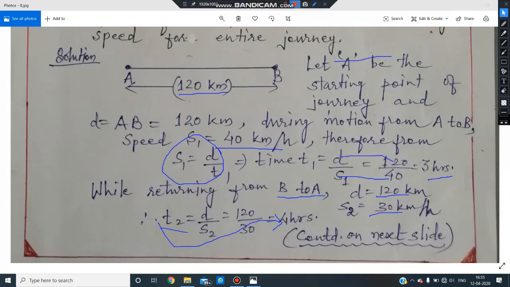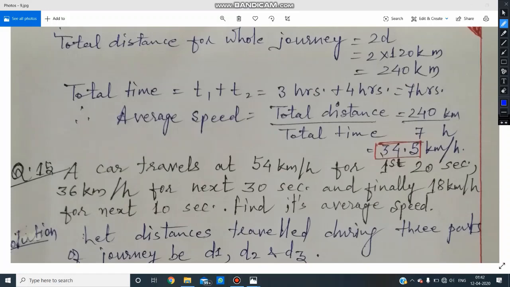Let's watch. Now, following the previous slide calculation, we can now write total distance is equal to 2 times of 120 kilometer, and that results into 240 kilometer. For the first half journey, forward journey, the time was 3 hours, and for the return trip, the time was 4 hours. So the total time, which is T1 plus T2, equals to 7 hours.